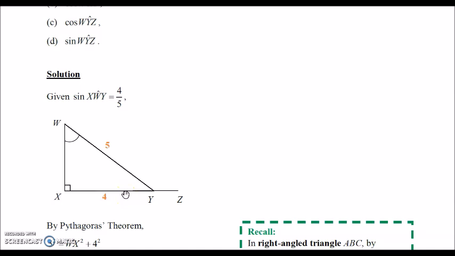So first we need to find the trigo ratio for sine of angle WYX. To get the sine of this, it is my opposite divided by my hypotenuse. With respect to this angle, my WX will be my opposite and my WY will be my hypotenuse.